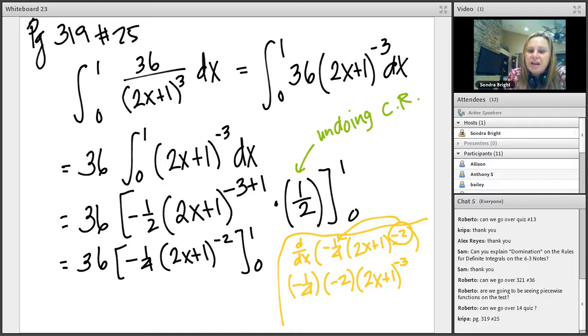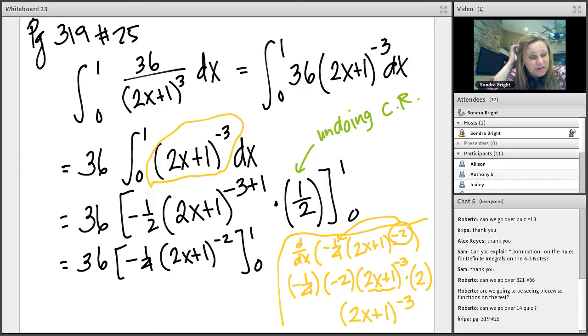Then the chain rule says multiply by the derivative of the inside of the parentheses, and the derivative of 2x plus 1 is 2. When you multiply that out, you have a positive 1/2 times 2, so a positive (2x plus 1) to the negative third power, which is absolutely what we have here. So I definitely took the antiderivative correctly. You can always double check yourself that way.